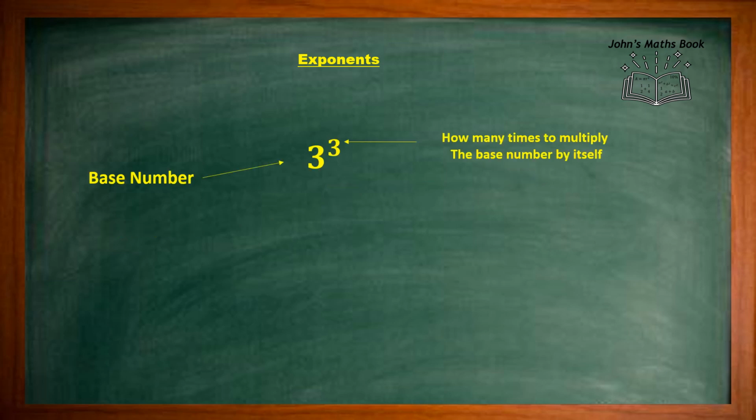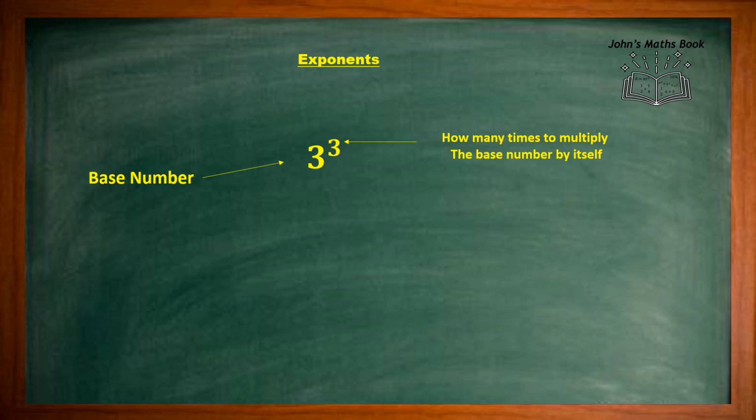We now know what an exponent looks like, so let's take a look at what it actually means. So going back to our example of 3 raised to the power of 3, this means multiply the base number by itself 3 times. So the base number is 3, the exponent part is 3.